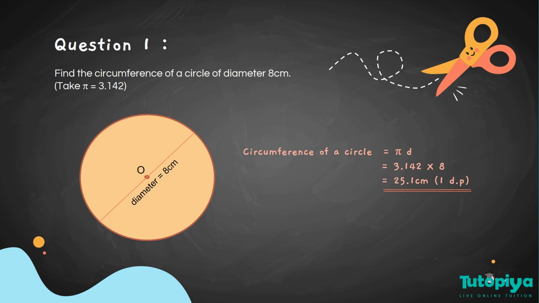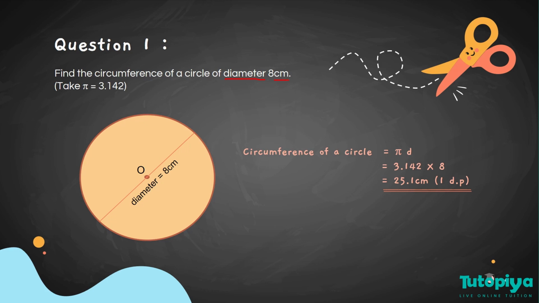Question 1. Find the circumference of a circle of diameter 8 centimeters. So you have to read the question carefully. You see they are giving the diameter here. When they give the diameter, it's easier for you to use the formula pi d, and you substitute 8 centimeters for d.